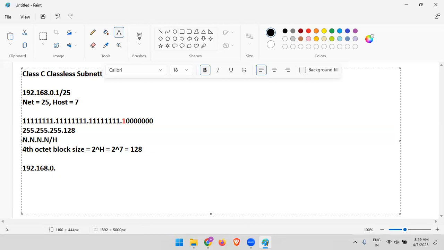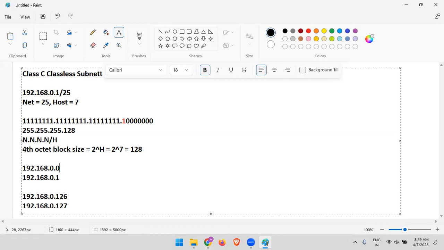Now, whenever there is a host part, what do we do with it? Start from minimum. Now, what is the maximum number of addresses I have here? 128. That means this range should end at 0.127, and start at 0.0, with the first valid IP 0.1 and the last valid IP 0.126. So this is our one network.